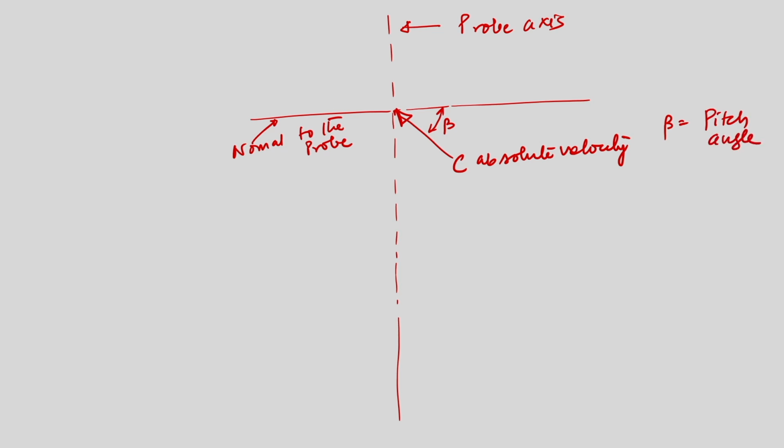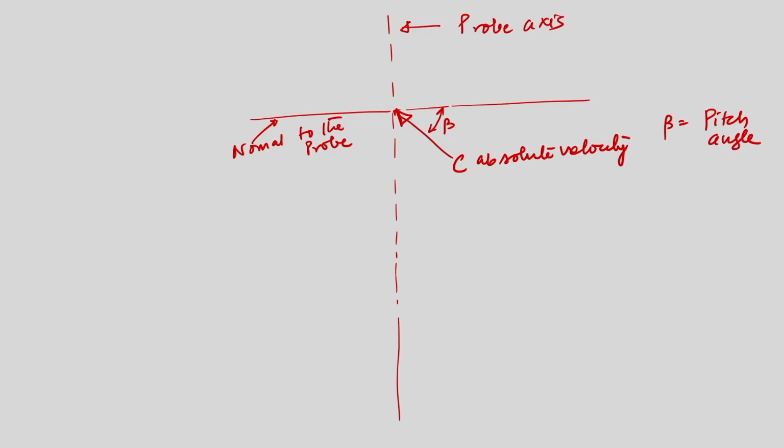If we try to recall, to measure the pitch characteristics of the flow, we have a modification of the 3-hole probe, that is, the concept of the 4-hole probe came into the picture. The pitch characteristics of the flow cannot be measured using a 3-hole probe, so an additional hole is there, and its responsibility is to obtain the pitch characteristics.